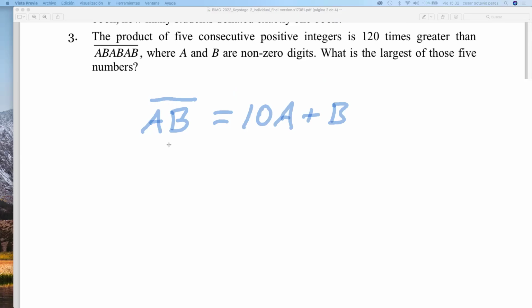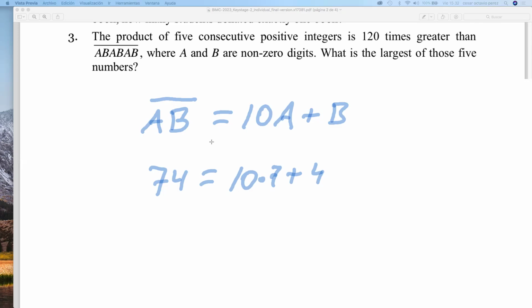Cuando nosotros queremos indicar, por ejemplo, un número de 2 dígitos, esto lo escribimos porque nos permite dar ideas muy rápido, pero tenemos que transformarlo en álgebra de esta manera. For example, if we have 74, we understand that this is 10 times 7 plus 4.